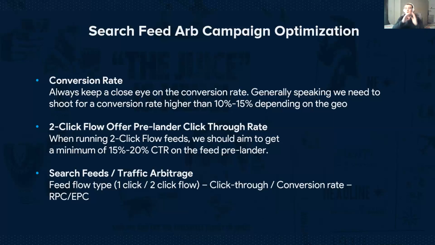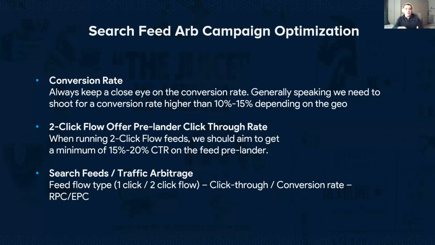Practically, we would like to keep present that we're not working with a 2% or 3% conversion rate like we used to when running standard offers or offers with landing pages. Now we're talking about a 10 to 15% conversion rate from the ad click to the conversion. So this is a pretty important metric.